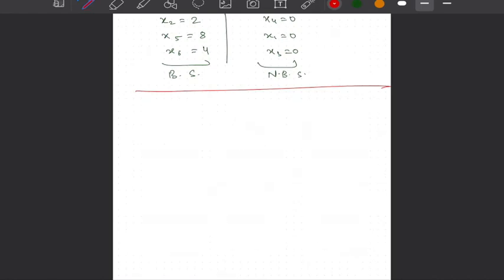When we do pivoting about x2, our idea is to make all the coefficients in the column of x2 as 0 except 1.